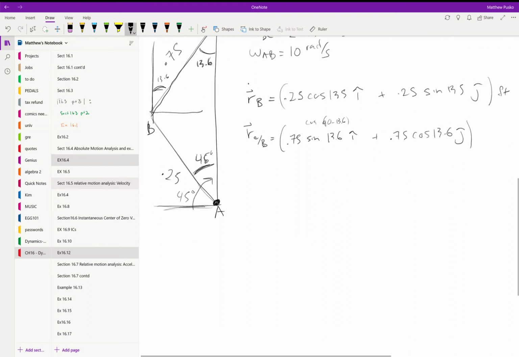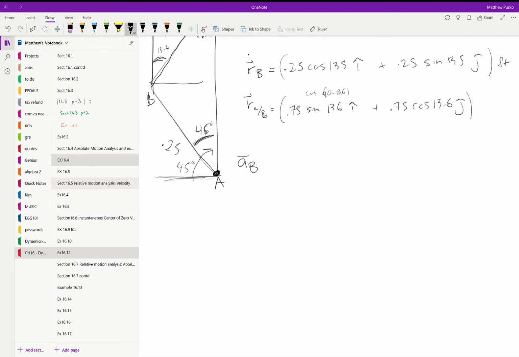Alright, using those, let's look at the acceleration of point B. We're going to take alpha AB and cross it into R of B. And then we need omega AB squared in the direction opposite of R. Alpha is given to us as 20 radians per second squared, alpha AB.